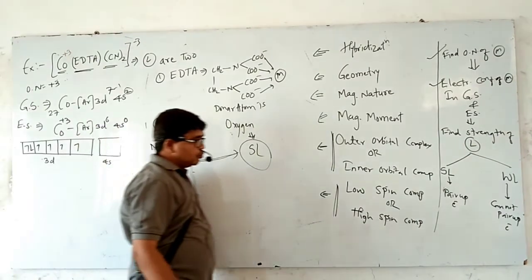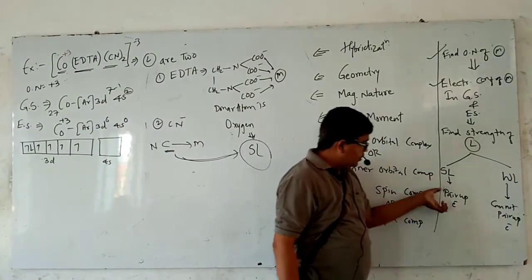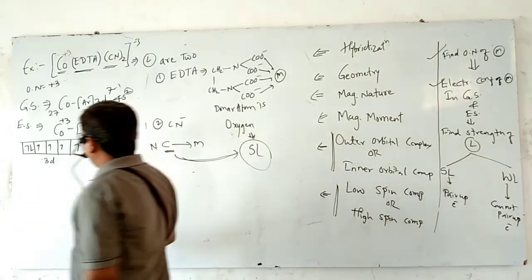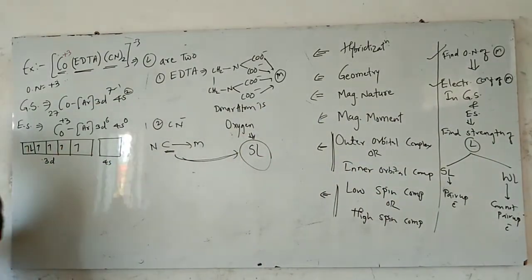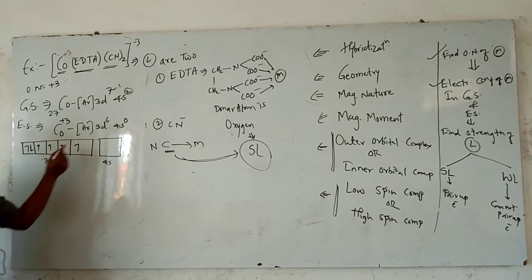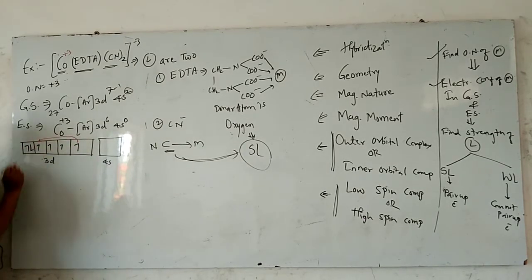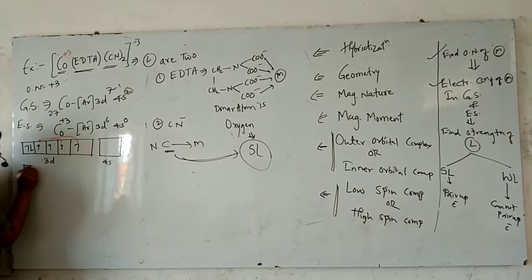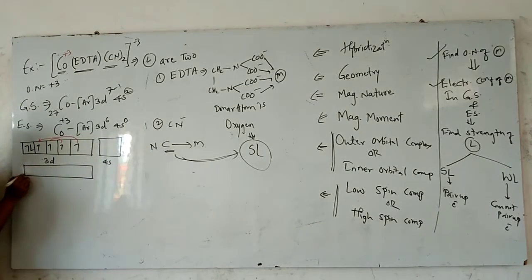As both the ligands are strong, it means that they will pair up the electrons. So this electron will do pairing with this electron, and this electron will do pairing with this electron. Now after pairing, the arrangement of electrons will be like this.